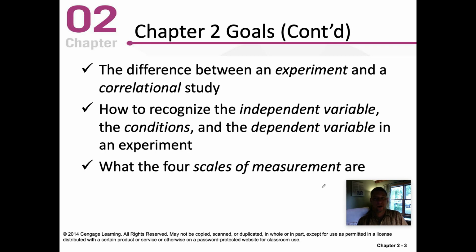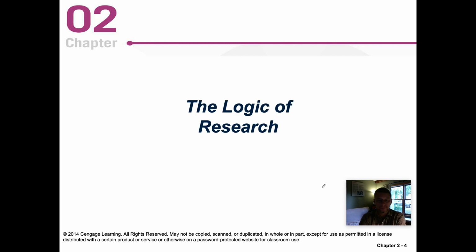Was the experiment carried out in the best possible manner? And finally, the last thing in Chapter 2 is a discussion of the four kinds of measurements that can be made. We're going to look at what the four scales of measurement actually are.